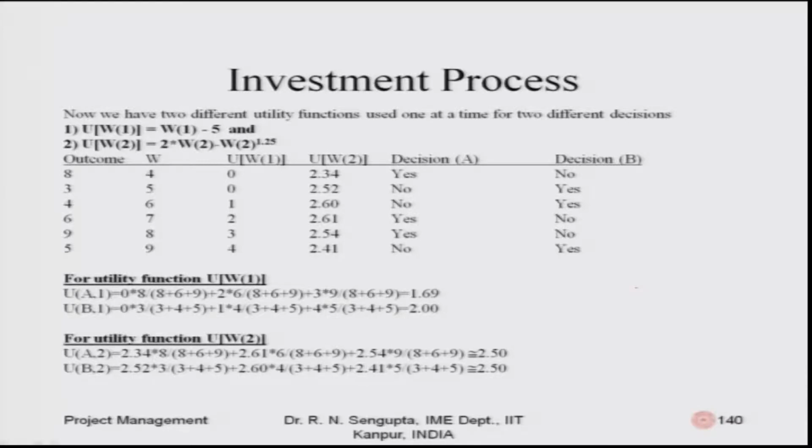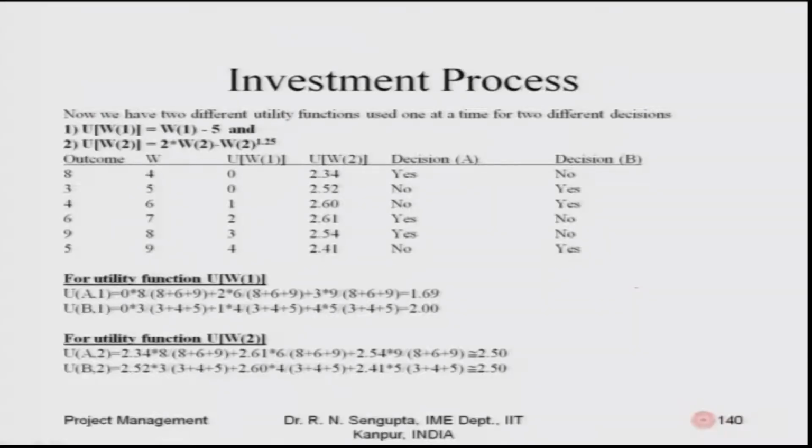Now, what is interesting to note is that the last two columns basically mention decision A and decision B, which means that the outcomes may be specific to decision A or specific to decision B. It can be possible that for one of the projects, if I am trying to build up a project in the state of Assam, I may get some tax benefit.